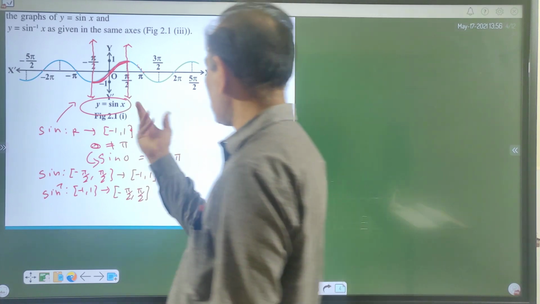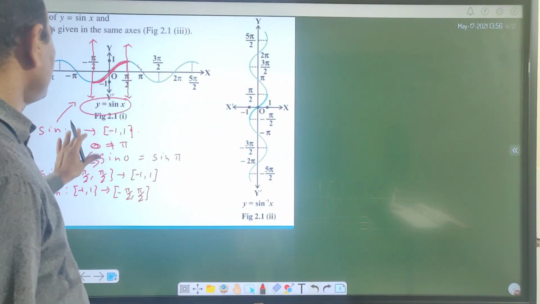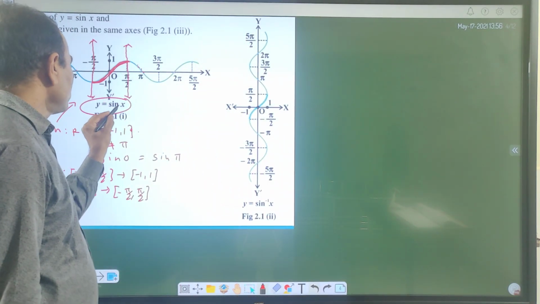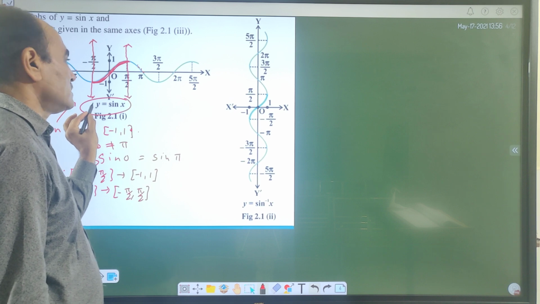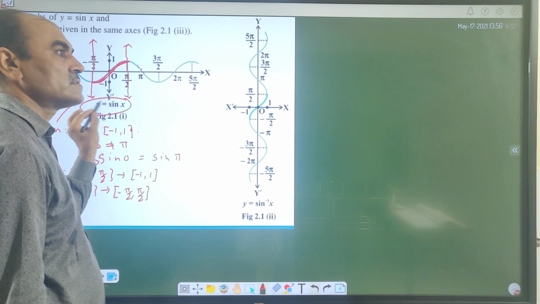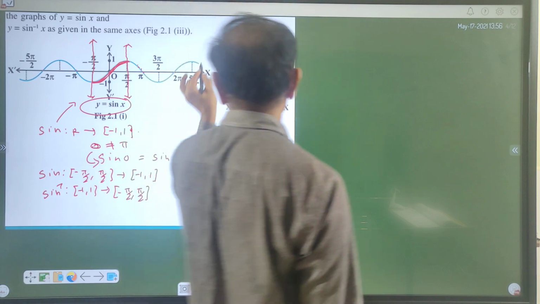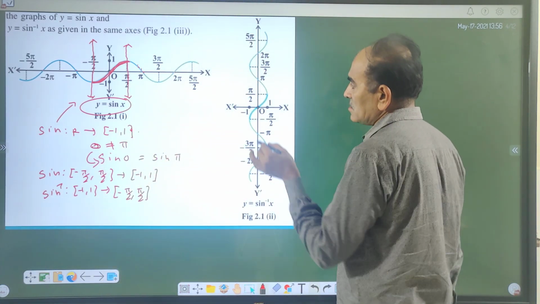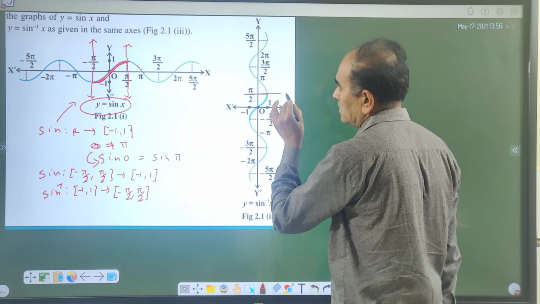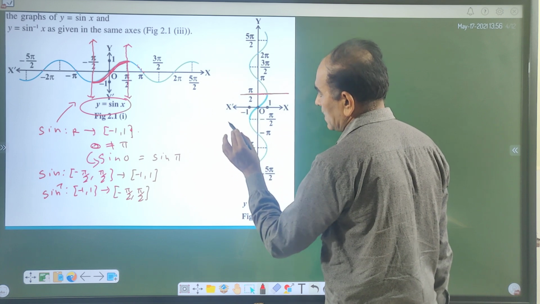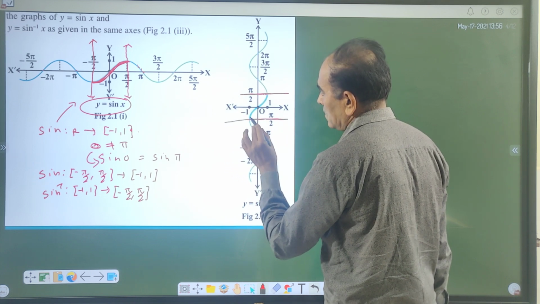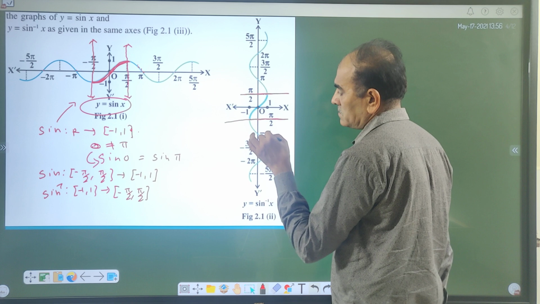Now graphically also we can see that this is the graph of y is equal to sine x, so x is equal to sine inverse y. In general, this graph is there. But if you observe this graph, from minus pi by 2 to pi by 2, the graph is drawn in a dark line.